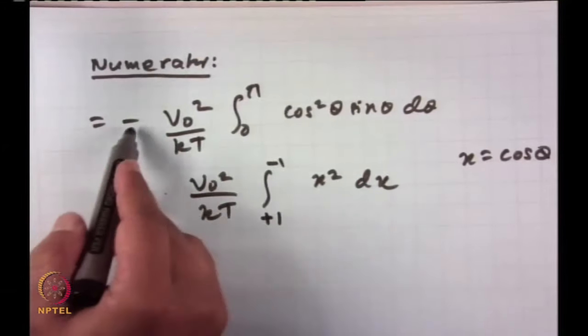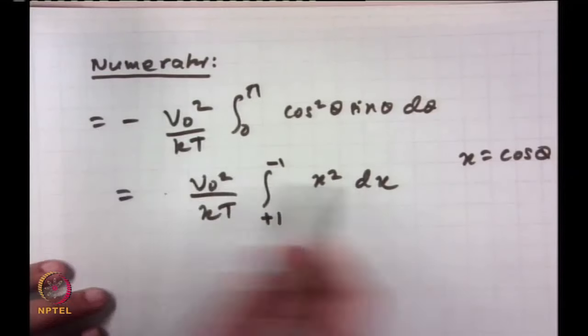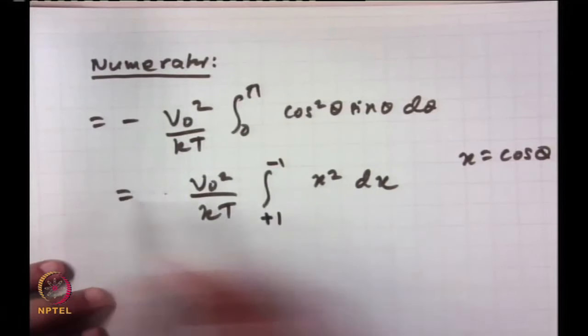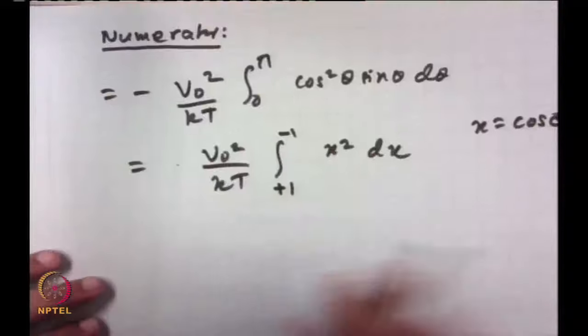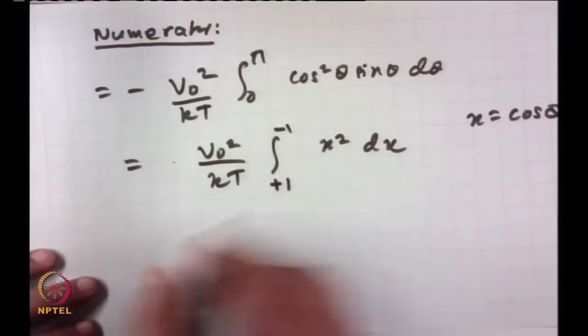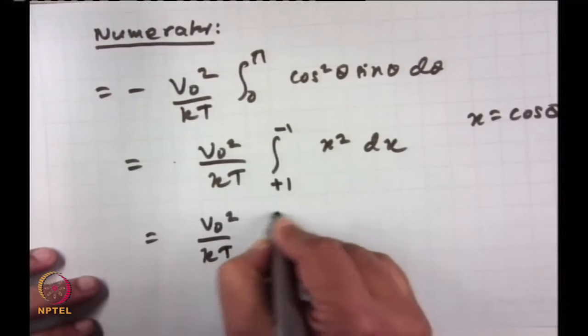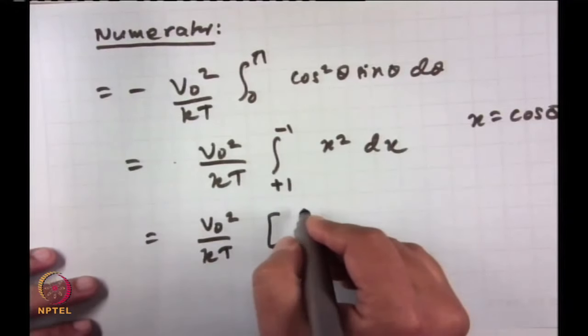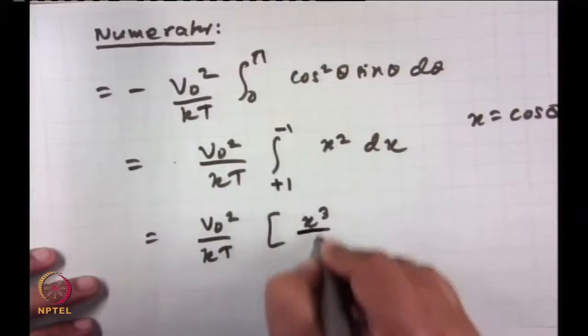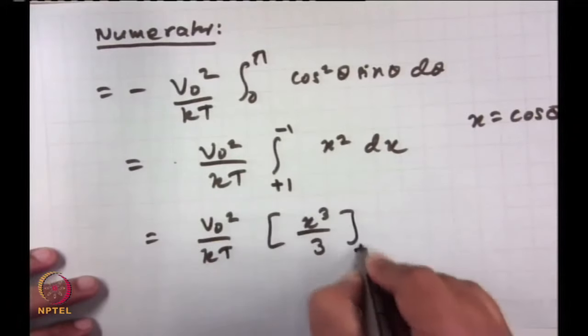See, we had a negative out here, and this negative is cancelled because of this. What do you get from here? V0 square by kT. Now it is not x square by 2 anymore, right, what is it? X cubed over 3, from plus 1 to minus 1.